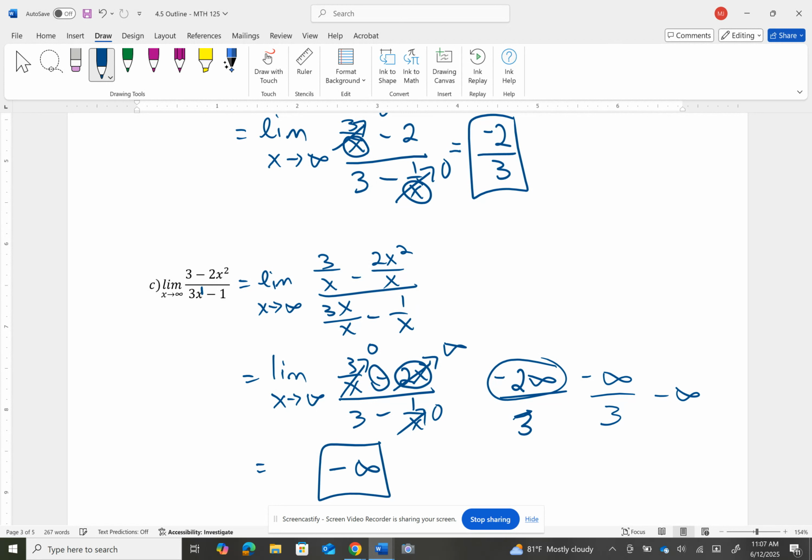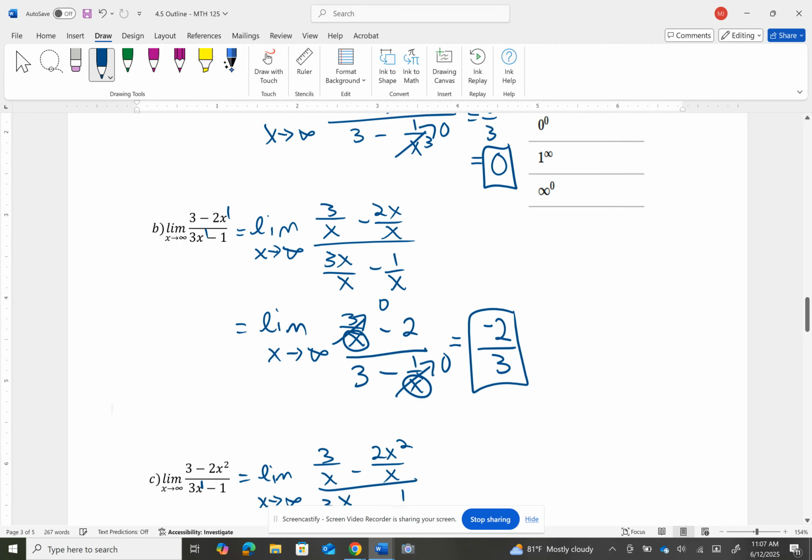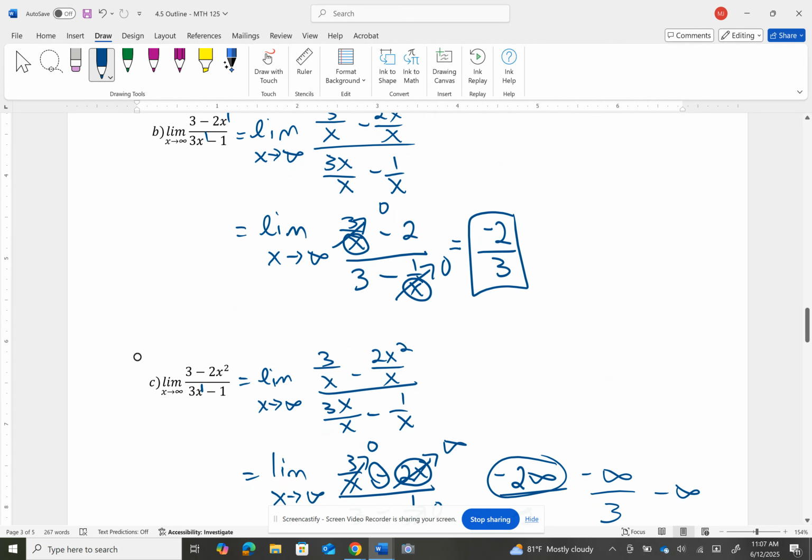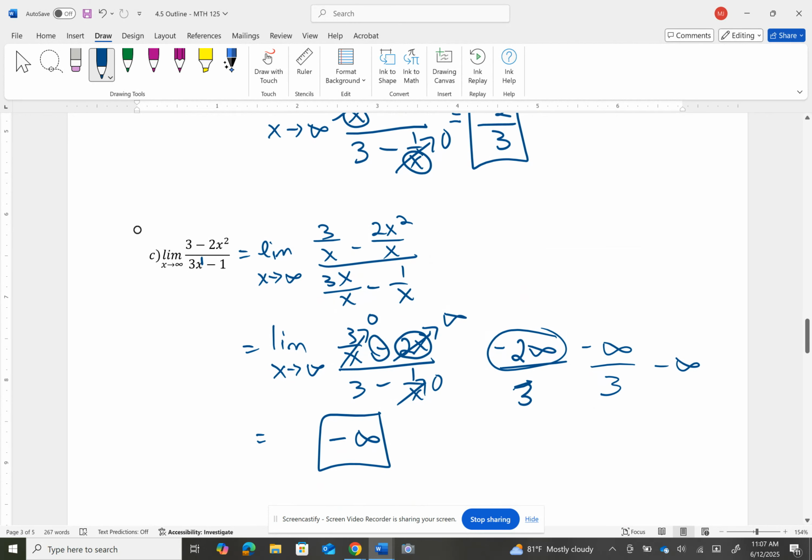Okay, so when you're doing limits and your x is approaching an infinity of some sort, your answer could turn out to be a 0, it could turn out to be some other fixed number, or it could turn out to be infinity when you're finished.